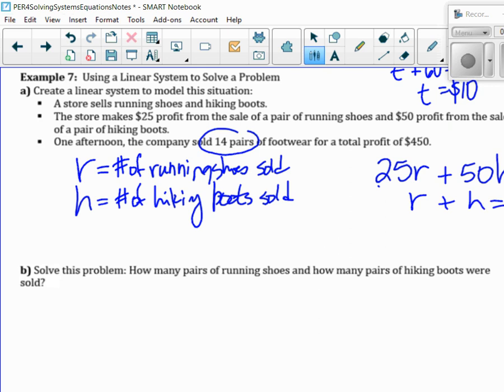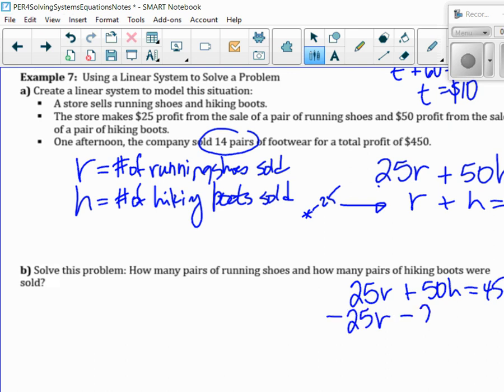Okay. So it's totally up to you which one you want to eliminate here. Which one did you eliminate? Probably going to choose that one and multiply it by -25. Okay, 25R plus 50H equals 450.